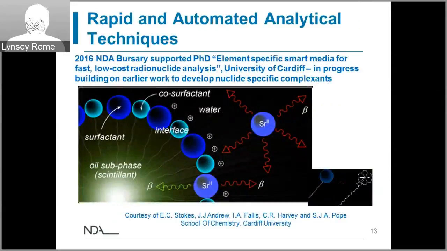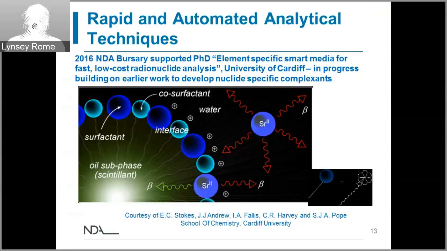Next slide, please. Now we come on to the other side of the coin, as I said previously, which is rapid and automated analytical techniques. Now, we've been doing a lot of work on this over the past few years, and the following are just a few examples of that. In 2016, we supported a bursary with the University of Cardiff to develop smart media for fast, low-cost radionuclide analysis.